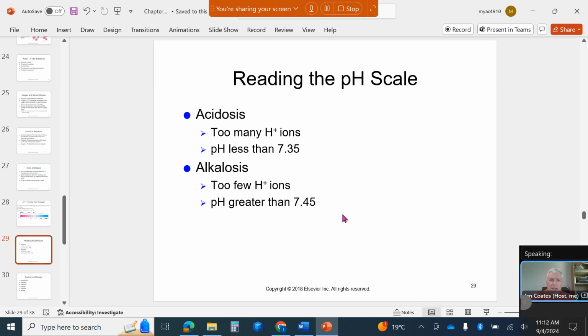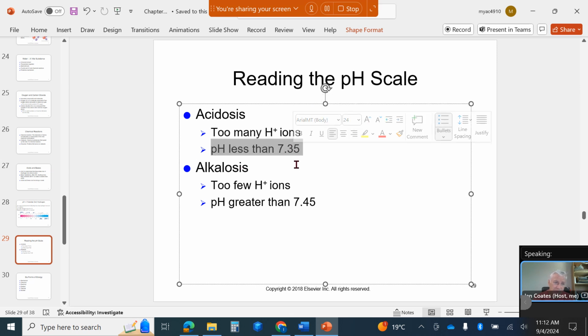Moving on. So, reading the pH scale, there's your acidosis. That's your pathology, your disease, when there's too much hydrogen and the pH is less than 7.35. Like 7.25, man, you better get to the hospital. 7.1, you know, it's very serious, and it doesn't have to deviate much from this set point.